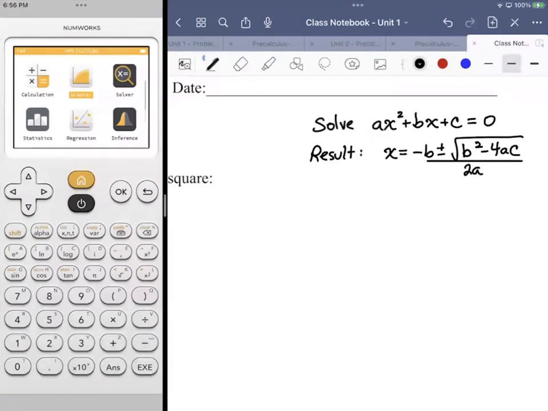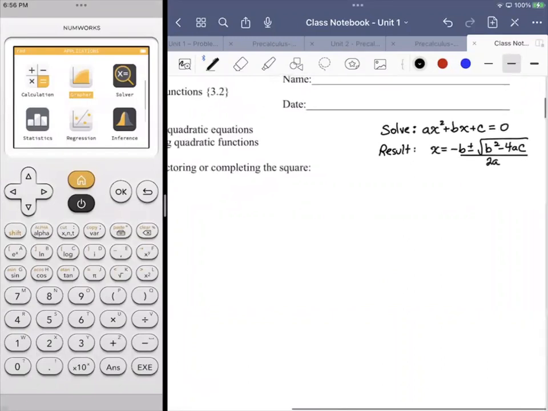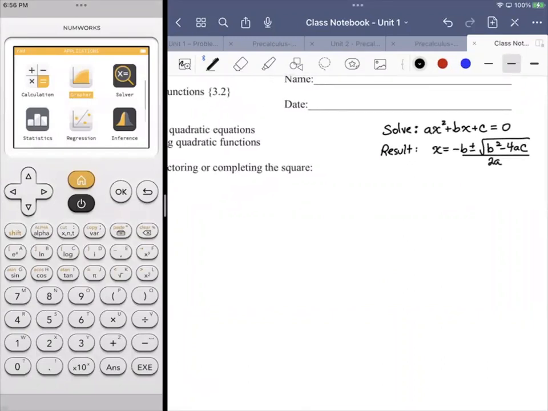All right. That's what you would get if you were to solve this equation for x. Now, based on the presence of the radical, you're not getting that by factoring. You'd have to do it by completing the square. And there are proofs out there that justify it, but that's probably better suited for an algebra class.